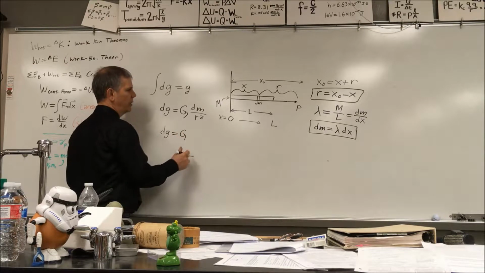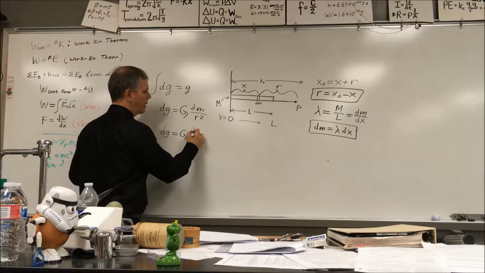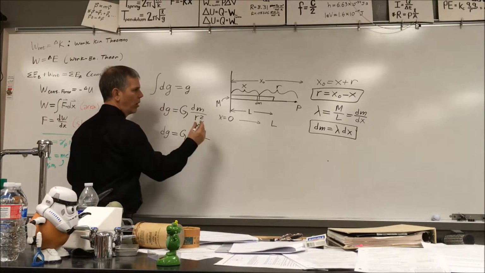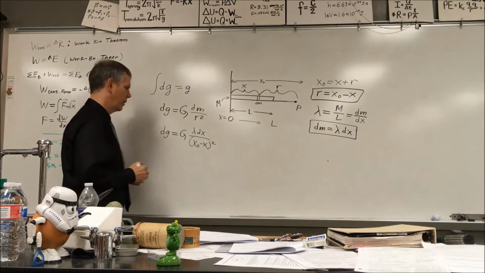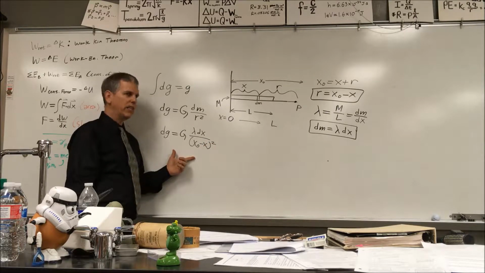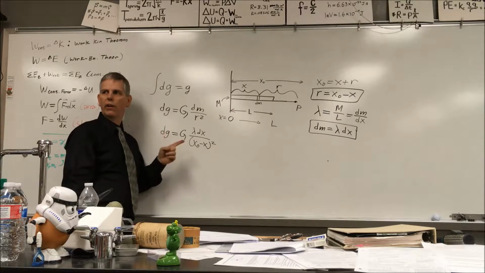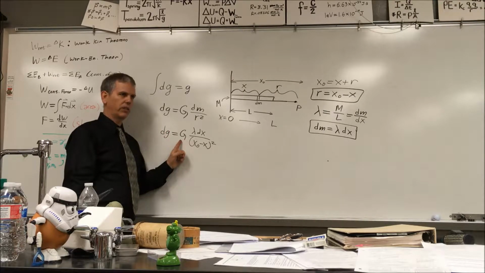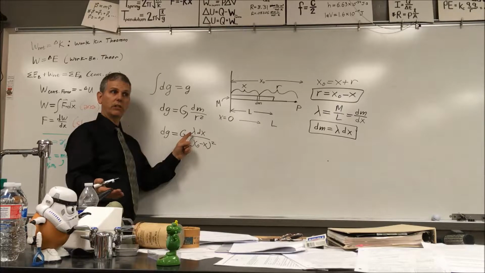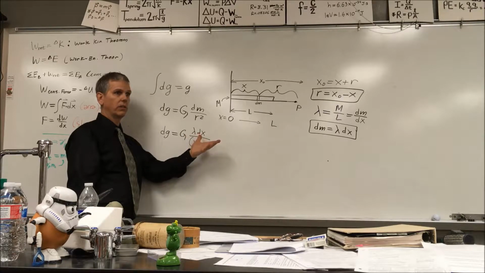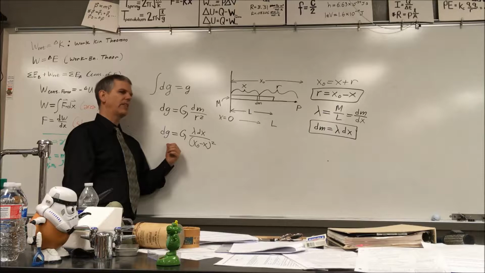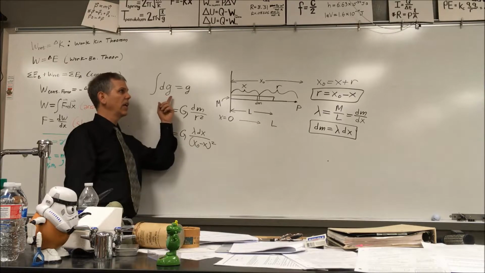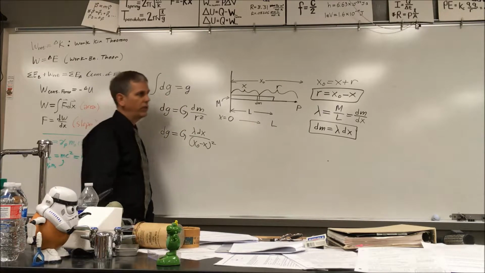Okay, so now we plug all of that in over here, and we get dg equals, well, big G is still a constant, dm is now lambda dx, and r is x naught minus x squared. As we look at this, we can see that there's only one variable. G is a constant, lambda constant, x naught constant. And we have x, dx, and x. If we take the integral of this, we would get the total. So let's do that.